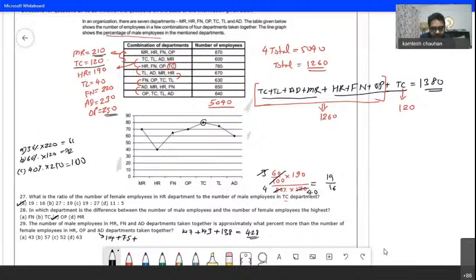Then we have AD, which is 40% of this number, which is 92. If you add all the numbers, you'll get 281. Just cross-checking it again. So we have 281 divided by 428, which sounds more like 66%.